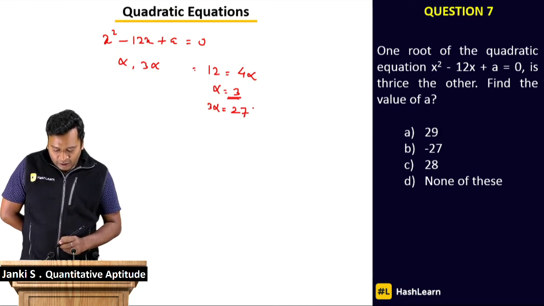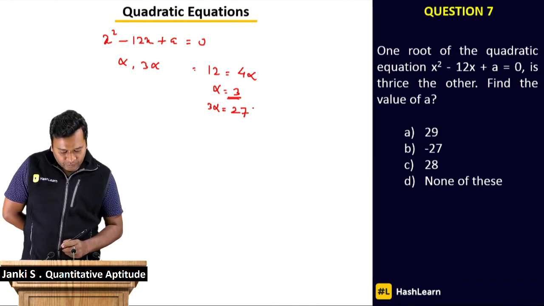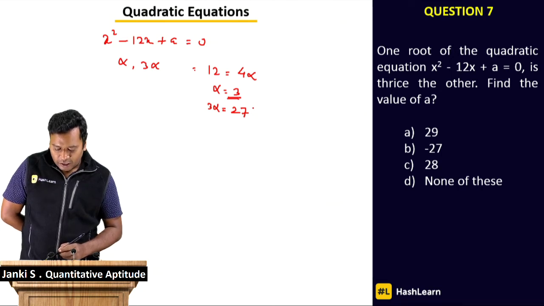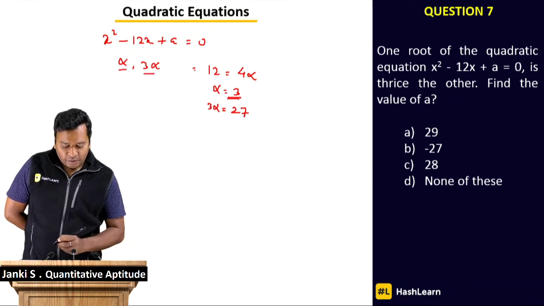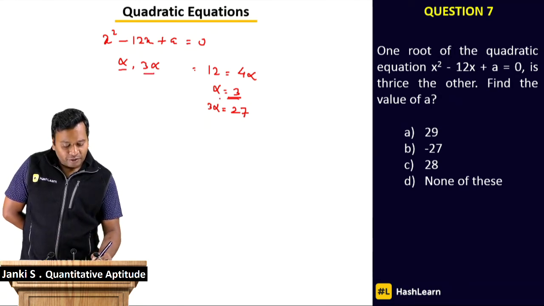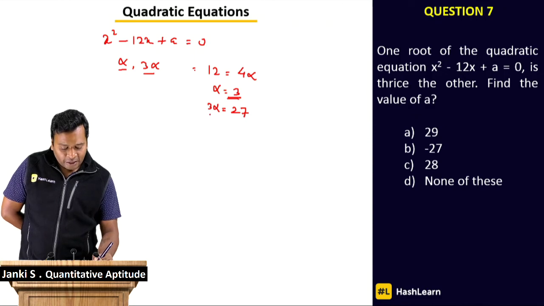So now according to this, let's check. So 1 root of the quadratic equation x square minus 12x plus a is equal to 0 is thrice of the other one, right? So I have taken alpha and another one is nothing but 3 times of alpha. 4 times of alpha is equal to 12. Alpha is nothing but 3, so 3 times of alpha is nothing but 9.